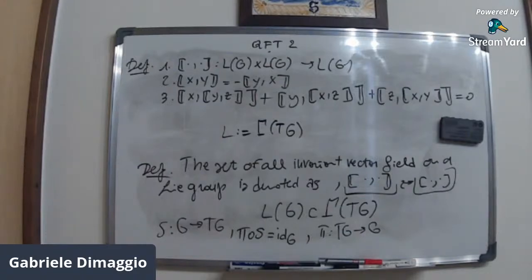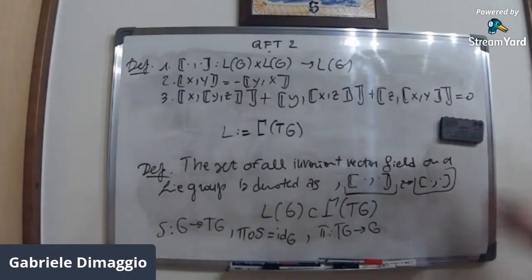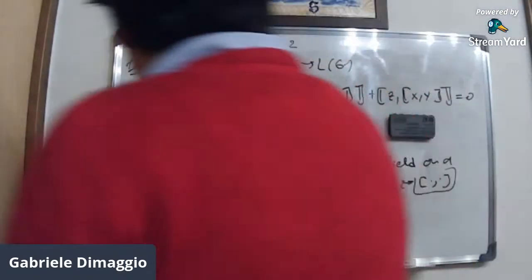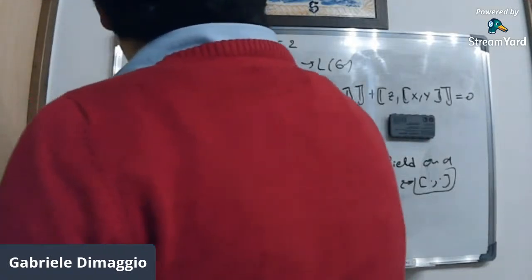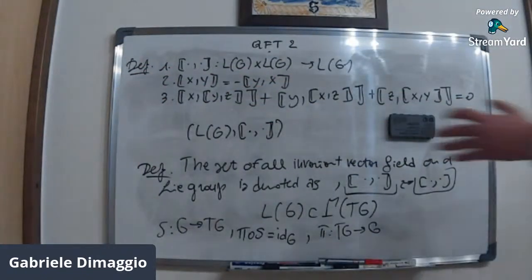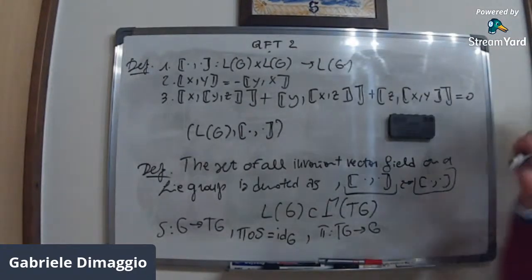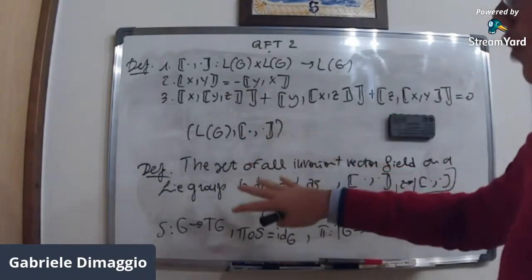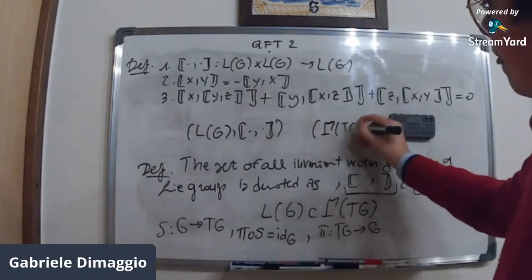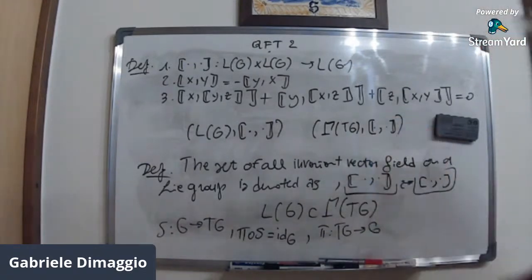Then a theorem is that the set of all left invariant vector fields endowed with a Lie bracket, which is a Lie algebra, is a Lie subalgebra of this. Perfect.